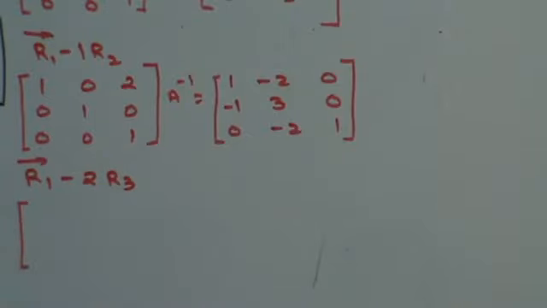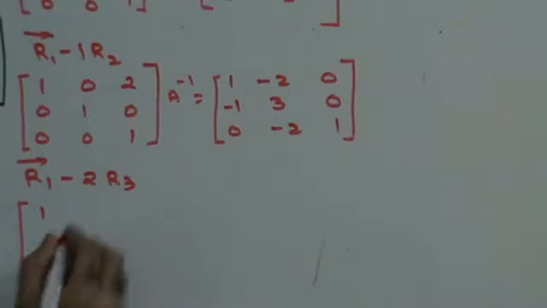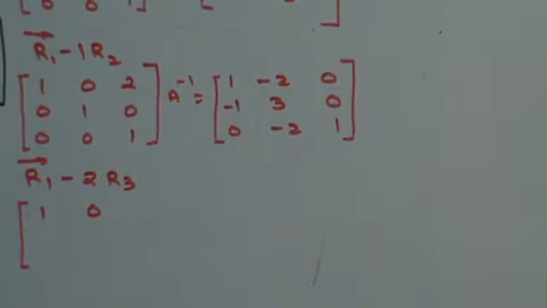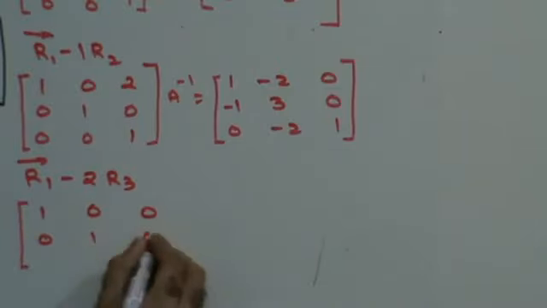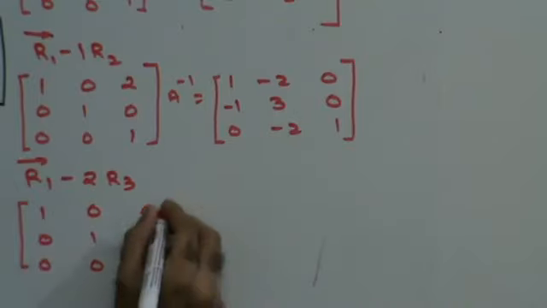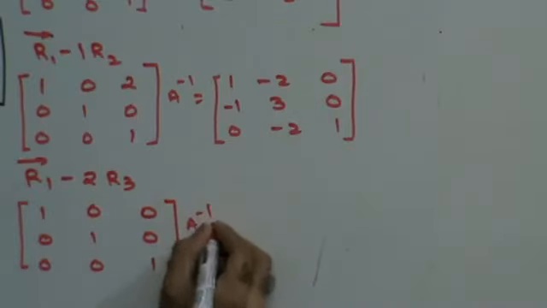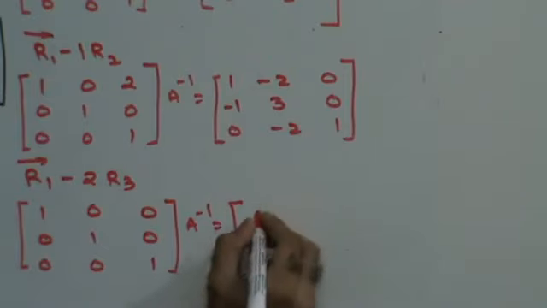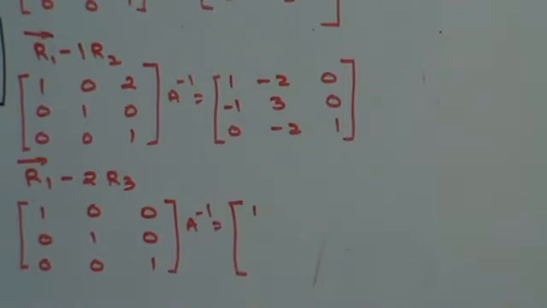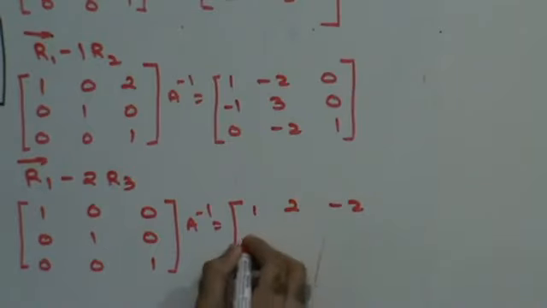Right? This is 1 minus 0 is 1. 0 minus 0 is 0. 2 minus 2, 0. 0 1 0, 0 0 1 is equal to A inverse. Now 1 minus 2, 1 minus 0. 1 minus 2 plus 4 is plus 2. 0 minus 2 is minus 2.